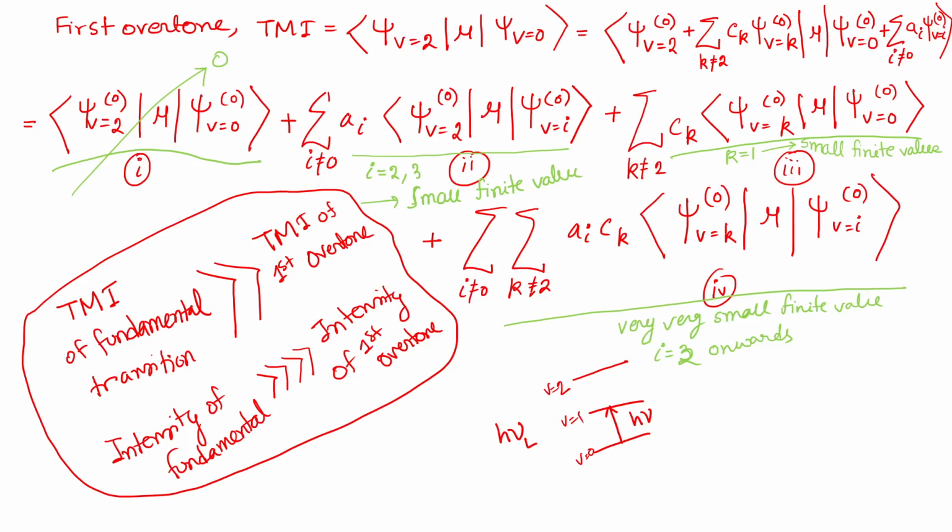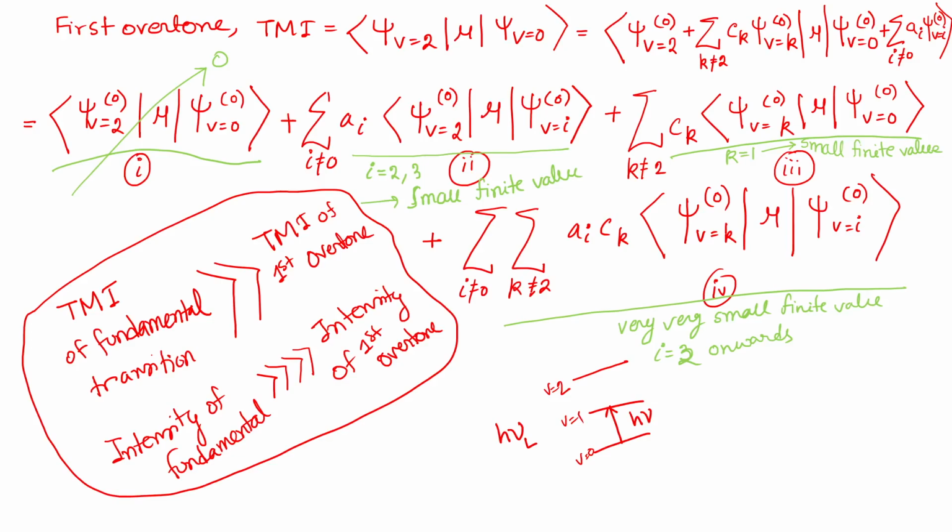For the first overtone, I think you are already giving that energy, and that is why you are seeing that this energy has been absorbed. What do you mean by seeing a transition line in the spectrum? These are absorption spectroscopy, right?